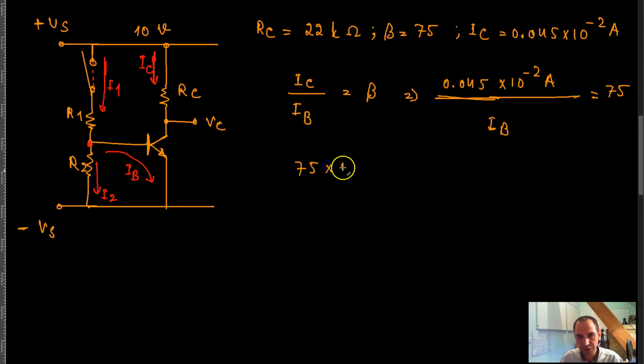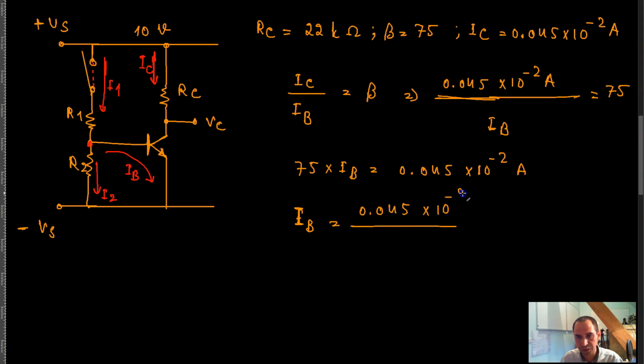That means that 70 times I of B is equal to 0.045 into 10 raised to the power negative 2 in amps, which means that I of B is equal to 0.045 into 10 raised to the power negative 2 in amps divided by 75.